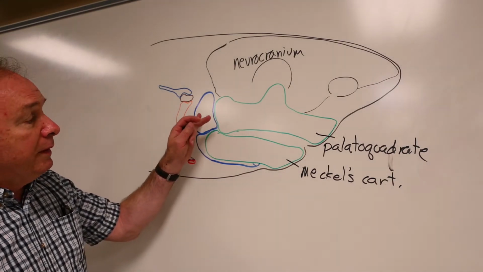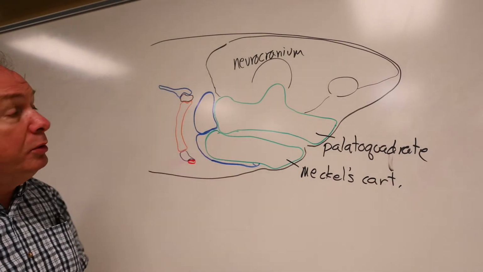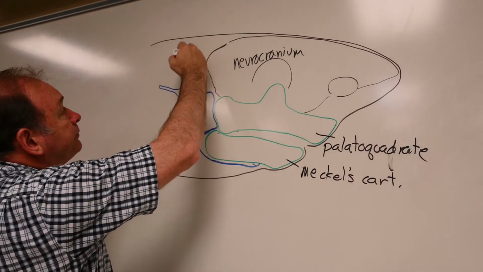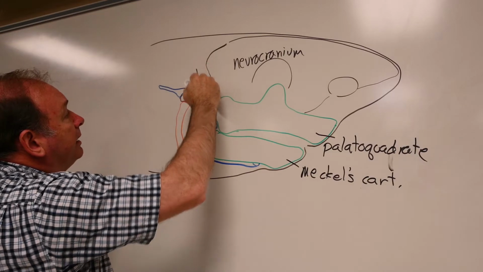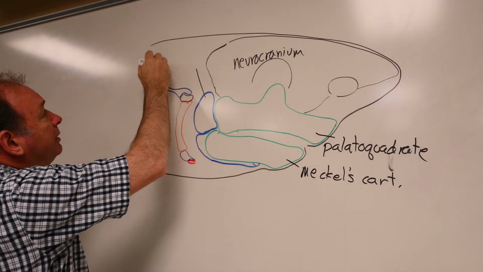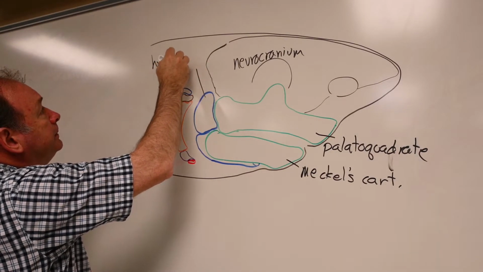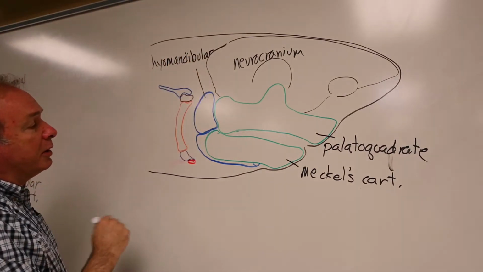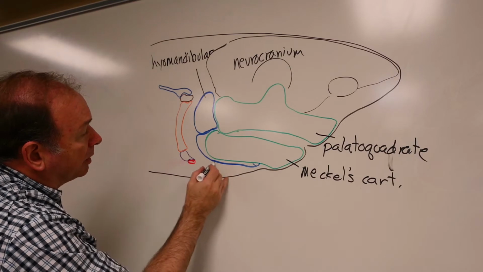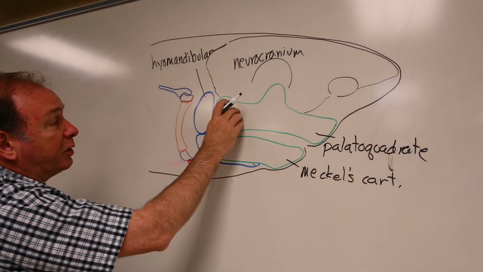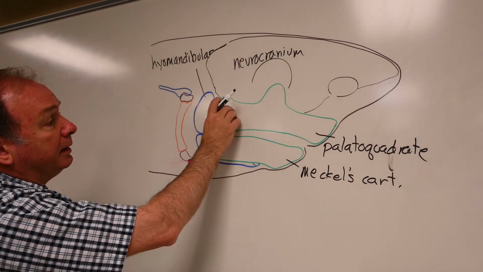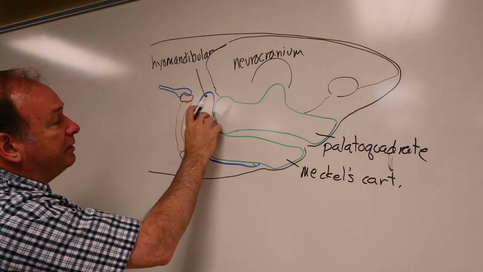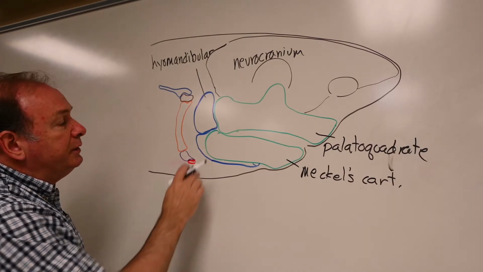Next, the hyoid arch is in blue in my picture. This cartilage right here, need space to write. Right here is the hyomandibular. Hyomandibular cartilage. Below that, this is at the corner of the jaw, by the way, where the palatoquadrate, Meckel's cartilage, and hyomandibular, they all kind of meet right here and form that joint of the jaw in the shark.